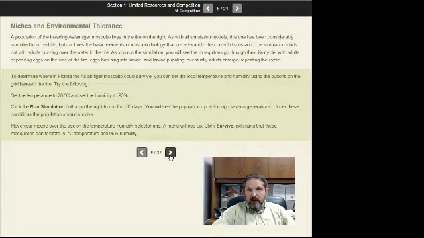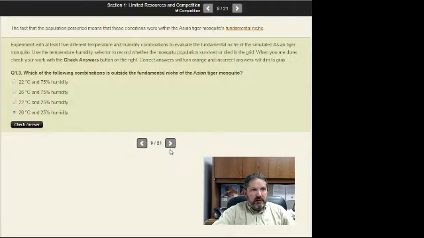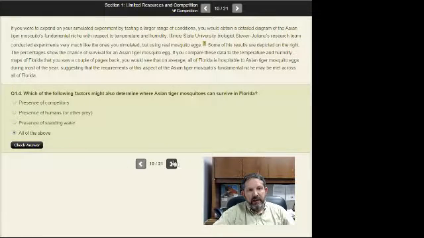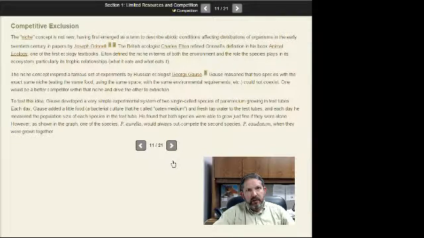And I'm going to skip the simulations, you basically find some limiting factors. And if it's dry enough, the mosquitoes won't thrive, or if it's too hot or too cold or whatever. And they give some background with Joseph Grinnell and Charles Elton and Gauss.